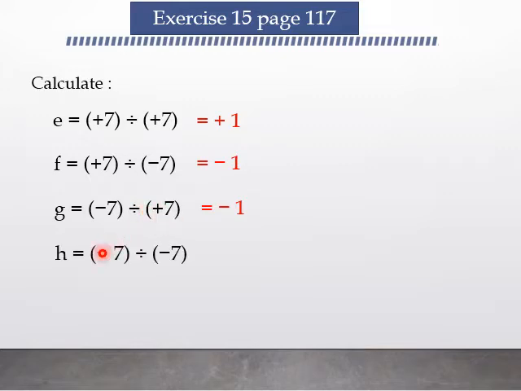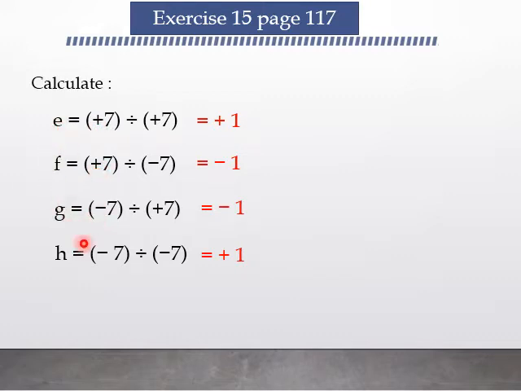H equals minus 7 divided by minus 7. Start with the signs, minus minus, it means plus. Look honey, in this exercise, in all parts we have 7 divided by 7, but the difference between them is the sign that is written in front.